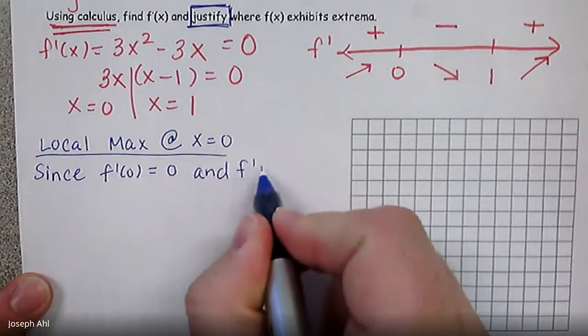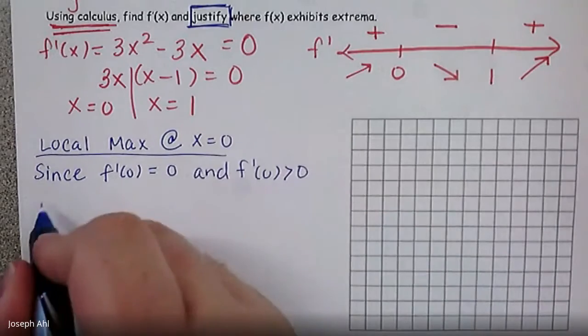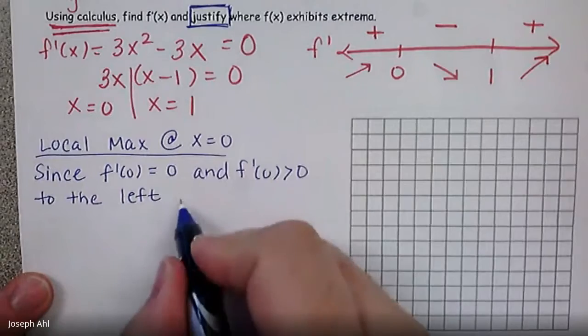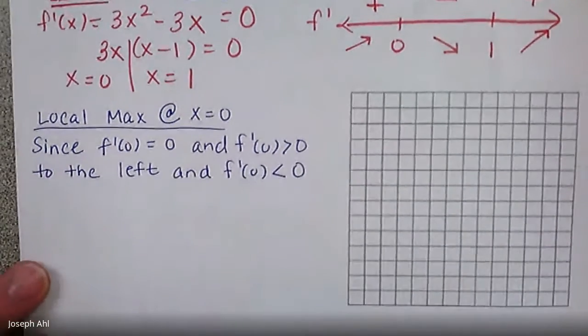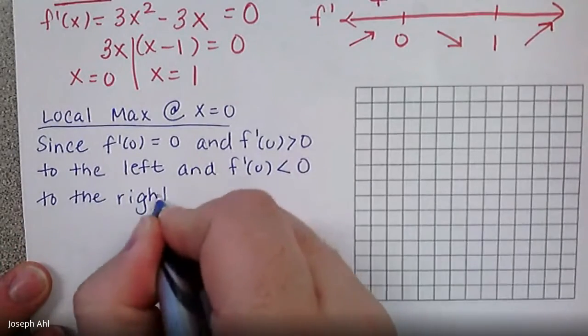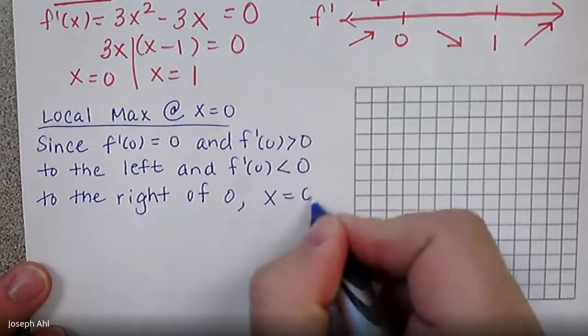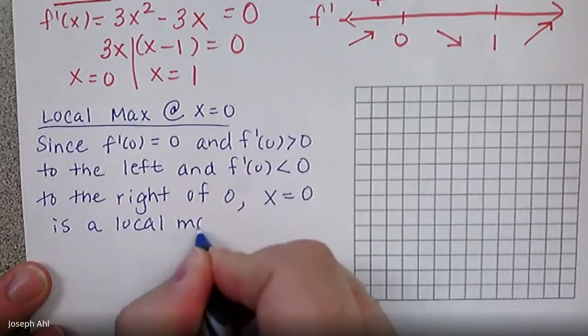And f prime is positive, greater than 0, to the left, and negative, less than 0, to the right of 0. So x equals 0 is a local max.